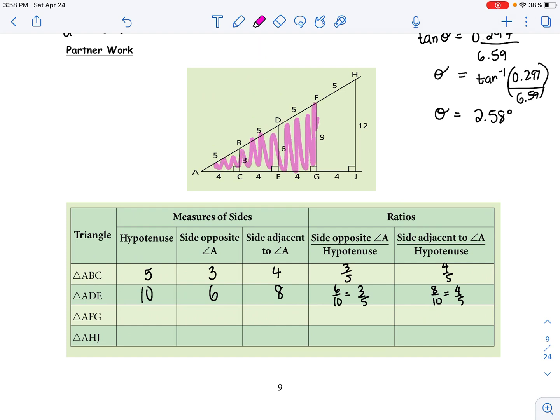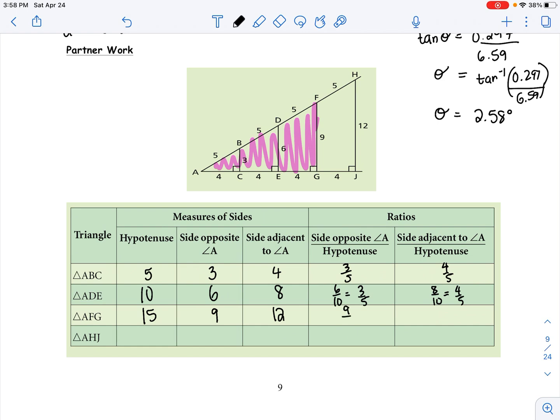So now we're looking at this triangle right here. Your hypotenuse is 15 because it's 5, 5, and 5. Your opposite side is 9 from angle A. And then your bottom, if you have the 4, 4, and 4 added together, you get 12.